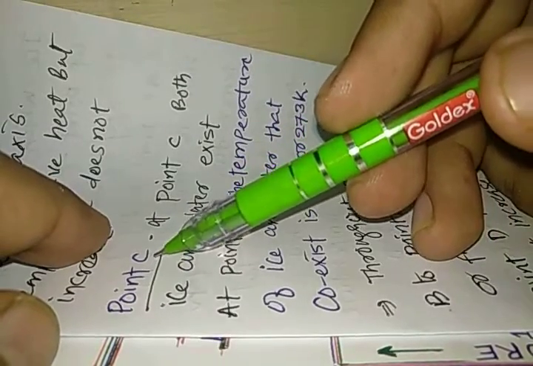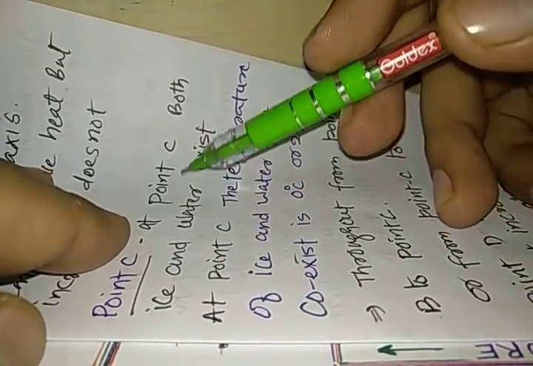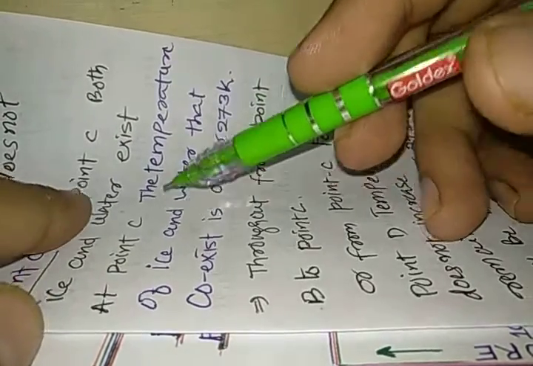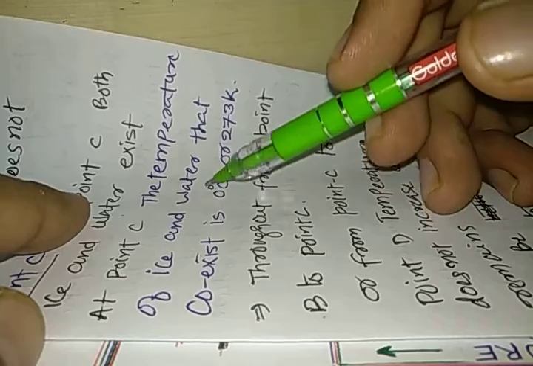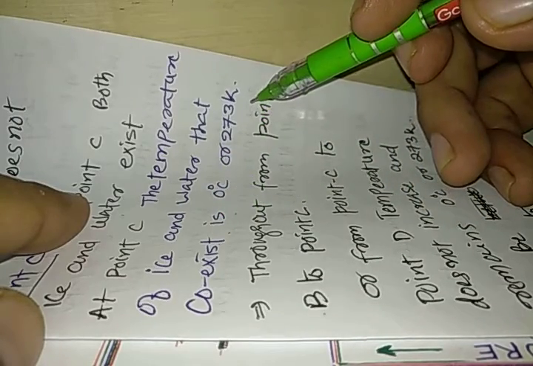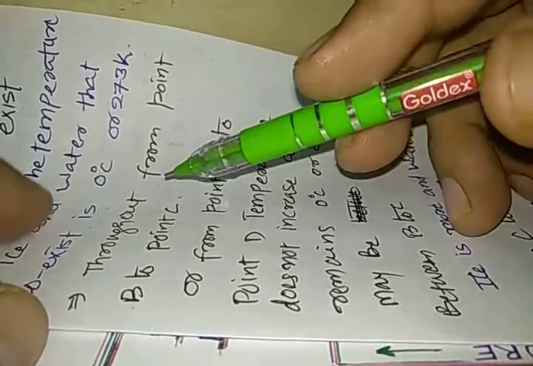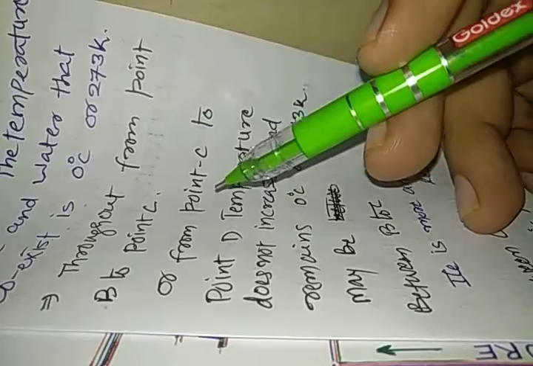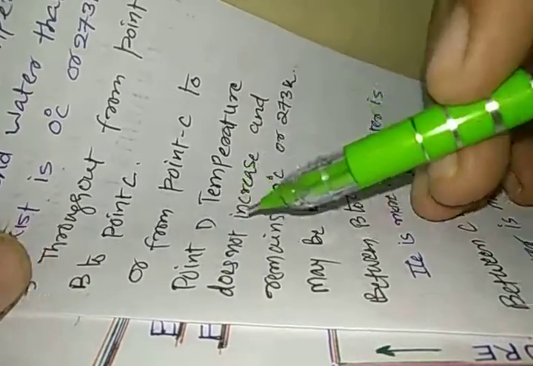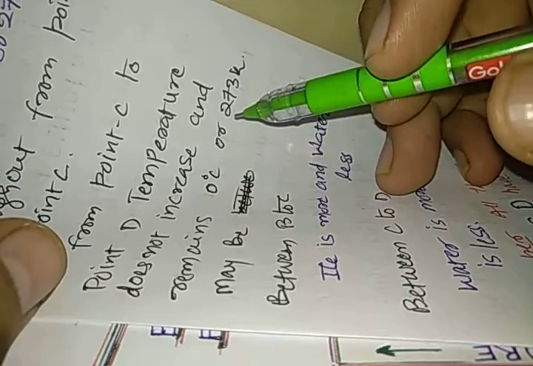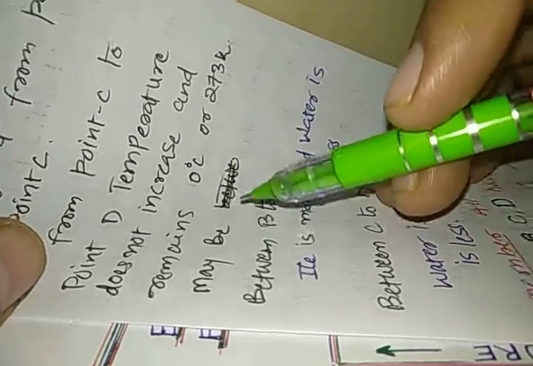Now let's learn about point C. At point C, both ice and water exist. At point C, the temperature of ice and water that coexist is 0 degree or 273 Kelvin. Throughout, from point B to point C or from point C to point D, temperature does not increase and remains 0 degree centigrade or 273 Kelvin.